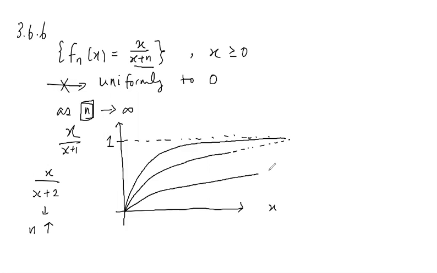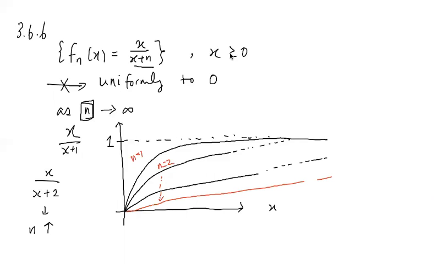But still, in the limit, it will tend to 1 as x tends to infinity. But we're not interested in x going to infinity. We're interested in n going to infinity, right? So you can imagine that the curves are going to be flatter and flatter, like this.